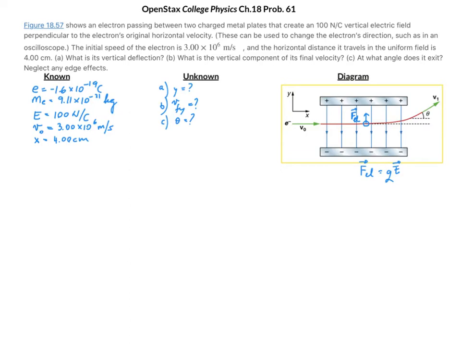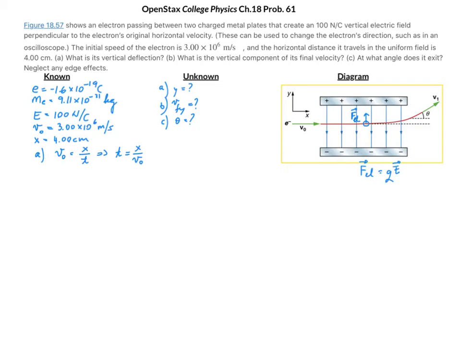So let's see how long the electron was in the electric field. We'll start out by saying that the velocity in the x direction, v naught, is horizontal distance divided by time. So that means that the time that the electron was in the electric field is x over v naught.